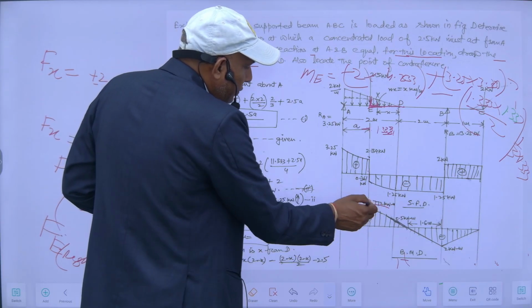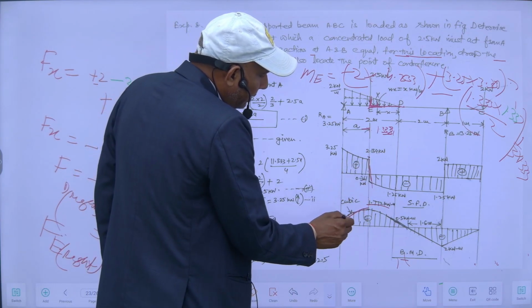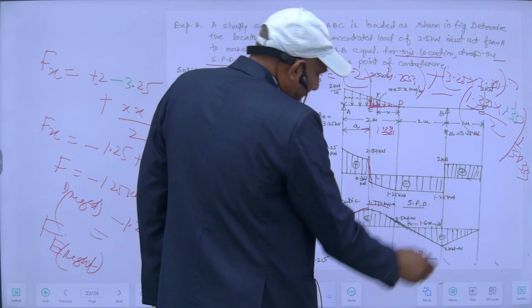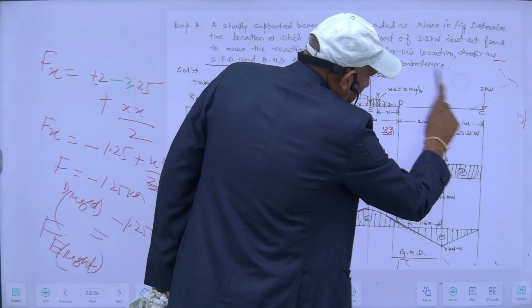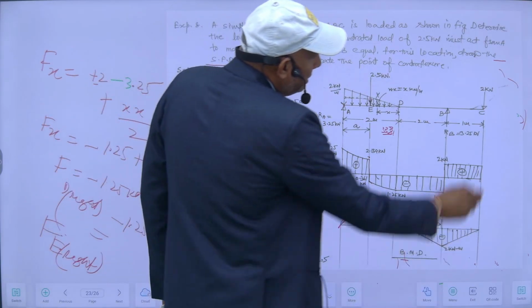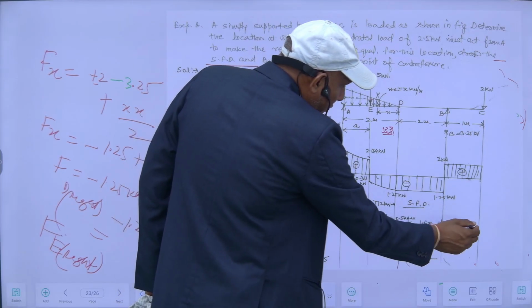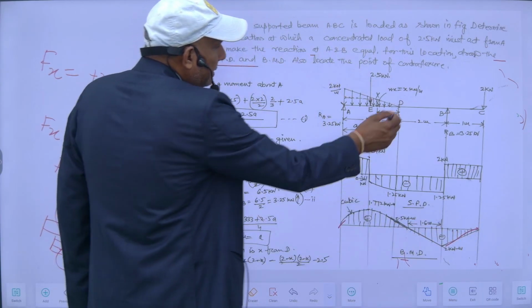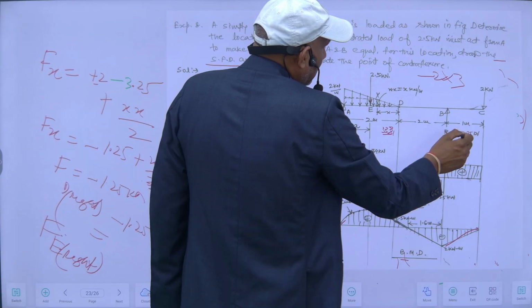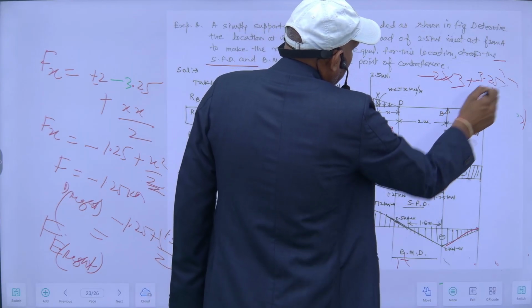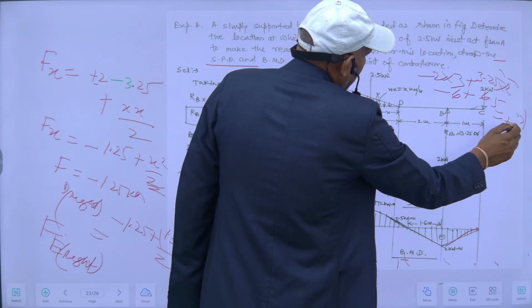This will be 1.772 kilonewton, and that will be maximum since my shear force is changing its sign. So the bending moment here is 2 into this one, so it will be a straight line due to point loads. It is 2 kilonewton here, and at this point it will be 2 into 3 plus 3.25 into this 2 distance, so it will be minus 6 plus 6.5, so it will be 0.5 sagging.